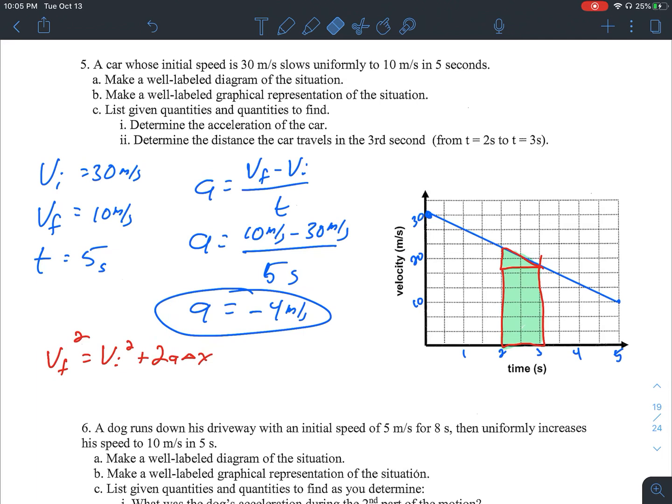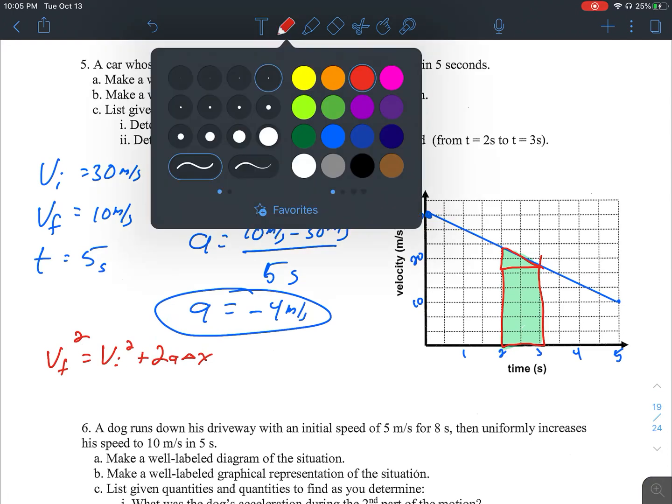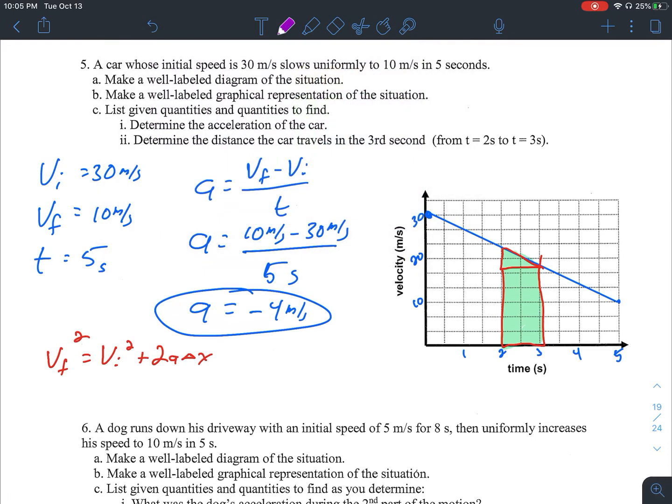So from the graph, it might be easier to simply estimate these points. Let's go purple. Here and here as like 18 and 22-ish, and say our final velocity was 18 meters per second. Square that, our initial is 22.